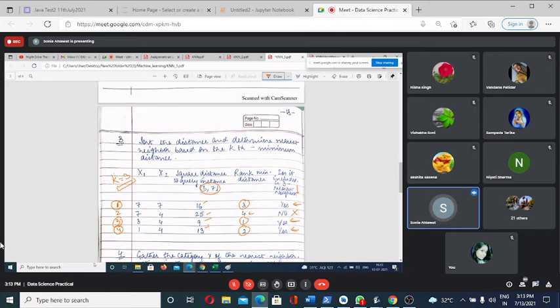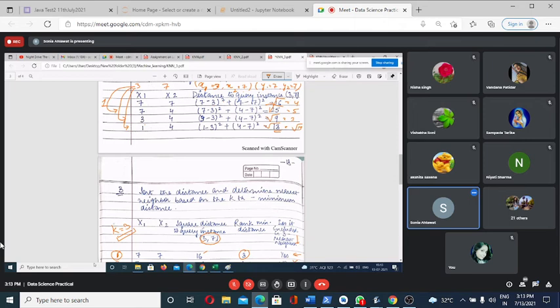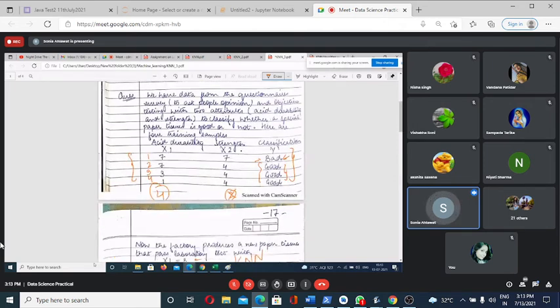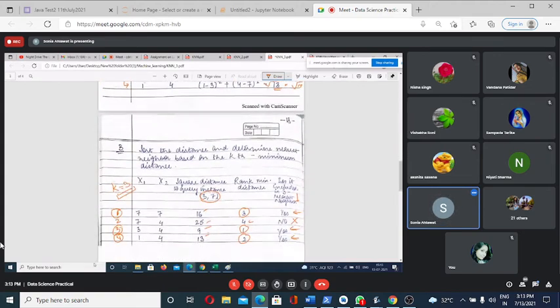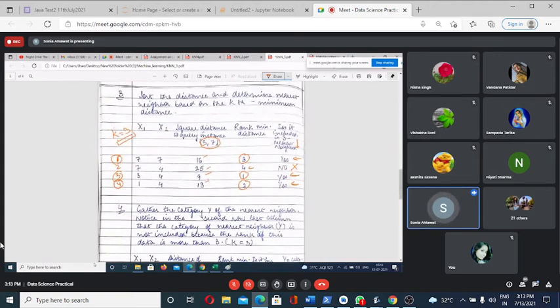But in actual, the first instance belongs to bad and the remaining belong to good. So I write over here itself, this is bad, this is good, this is good, this is again good.